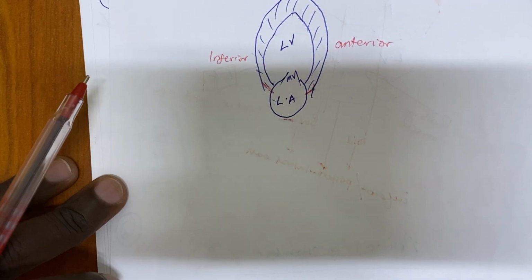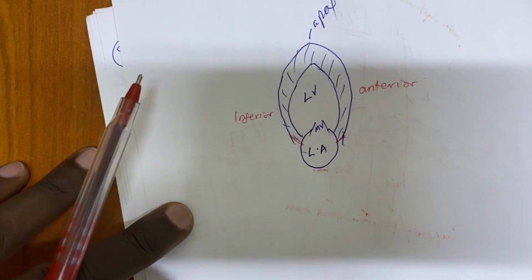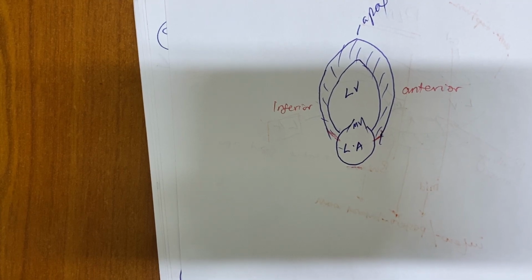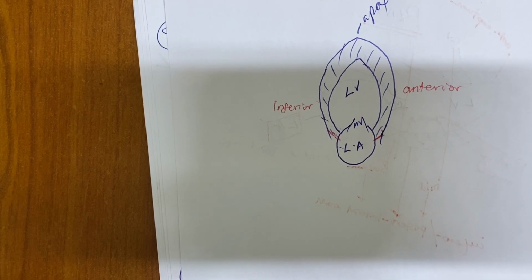So apical two chamber, four chamber, as long as it's apical, the probe marker is pointing to the left. So if it is pointing to the left, this side we have the left ventricle, and we are focusing on the left ventricle.